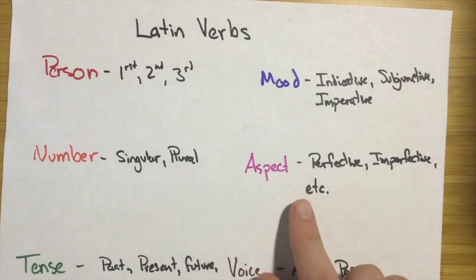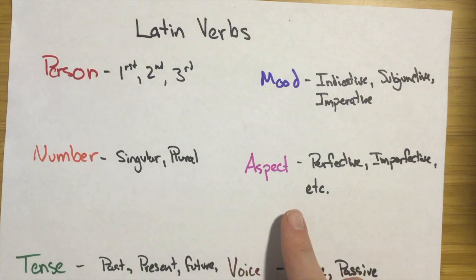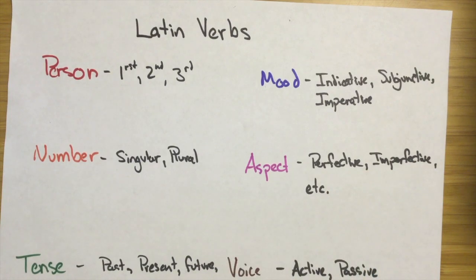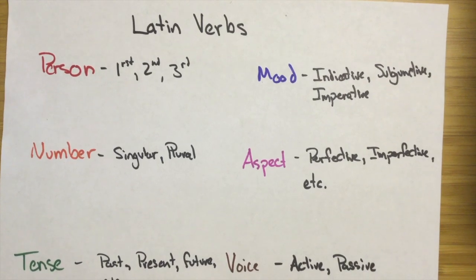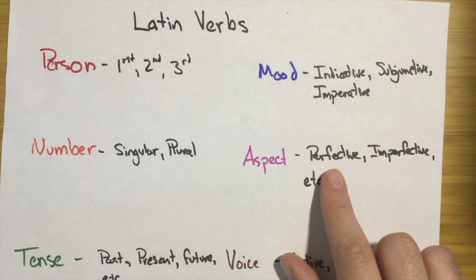Then I'm going to jump ahead to aspect here, because what we refer to generally in Latin when we're teaching people Latin as tense actually is a combination of tense and aspect. And so aspect is how an action occurs in a verb. So for example, if we use the verb run again, if you say I run, that's present, right? But if you say I have run, have is technically a present tense verb, but it's got a perfective aspect.